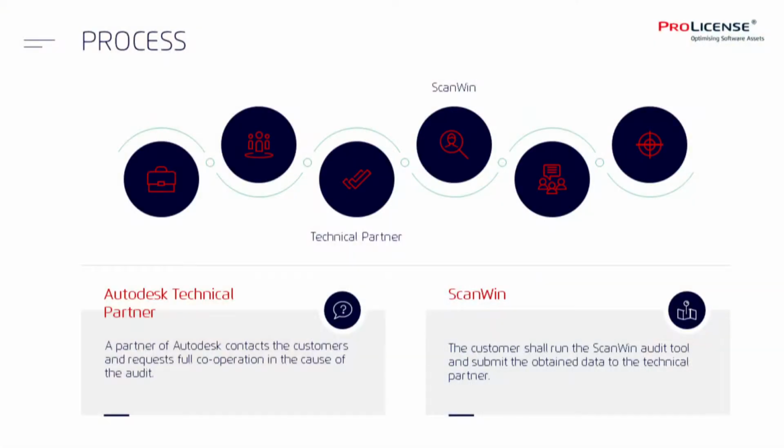They will involve a technical partner. We're very familiar with a company in the UK who do that, and they will help you install the ScanWIN tool and also interpret the data that comes out of your organization. So you need to make sure that you have a close understanding of this involvement and what interest this partner may have, and if you want to work with them or not.